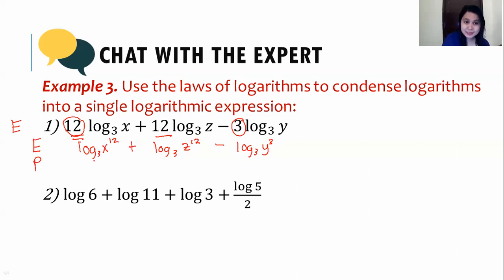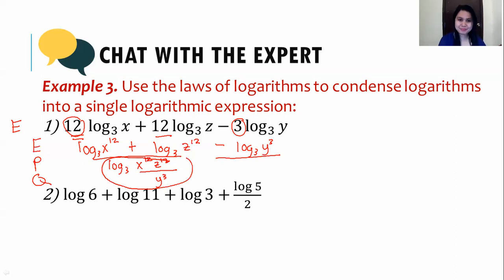It means the addition. Make it into one. So we have log 3 of x to the power of 12, z to the power of 12. The last is the quotient, the minus. Divide it all by y cubed. This is now our answer.